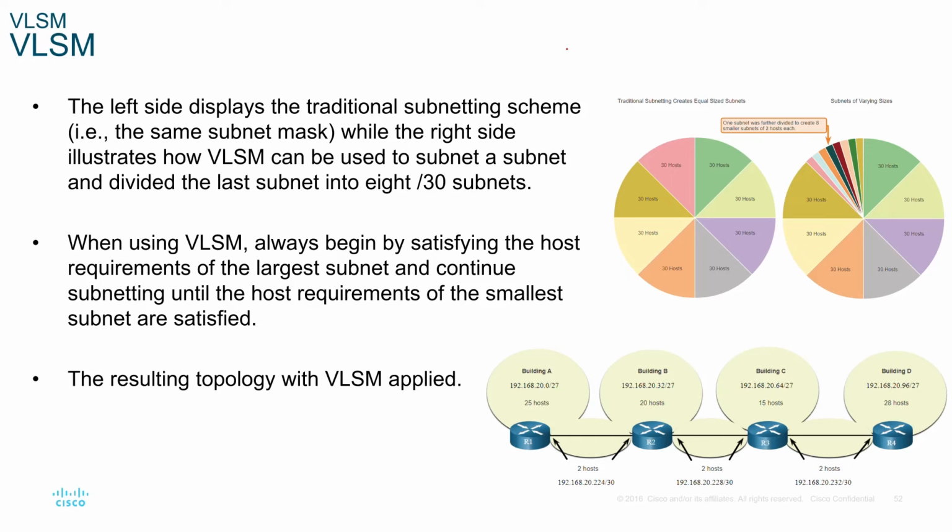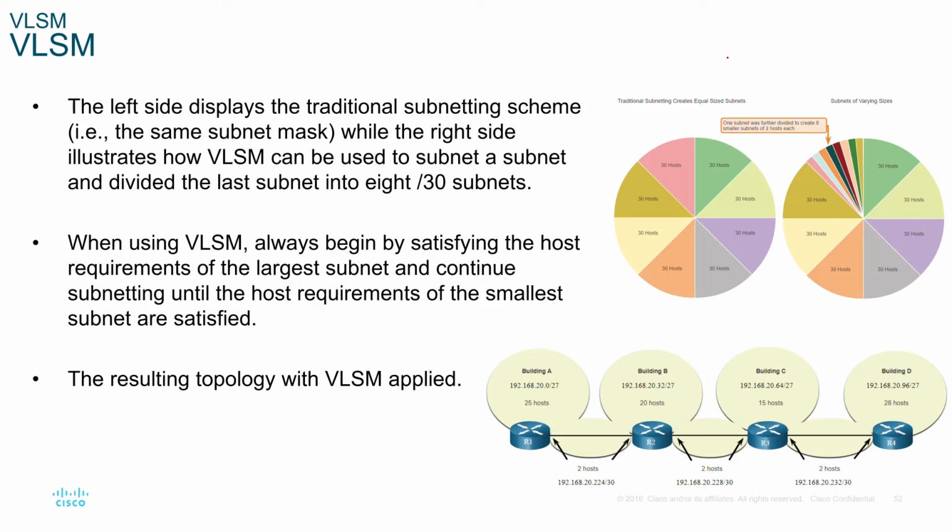So when using VLSM, always begin by satisfying the host requirements of the largest subnet and continue subnetting until the host requirements of the smallest subnet are satisfied, and the resulting topology with VLSM applied.